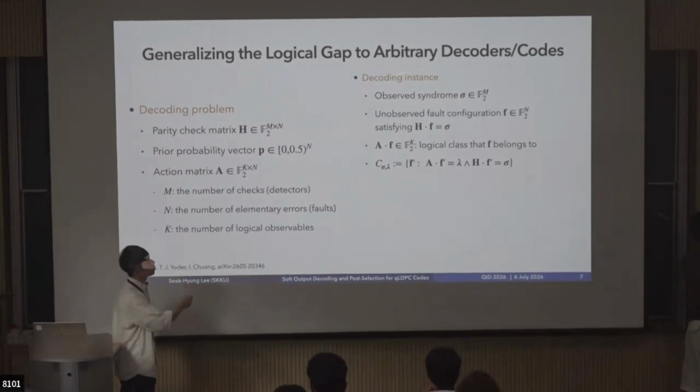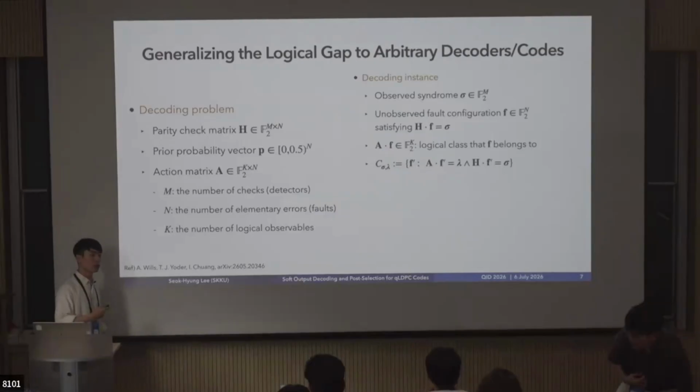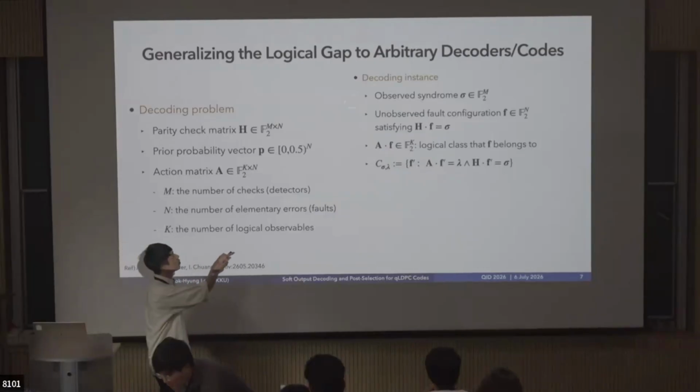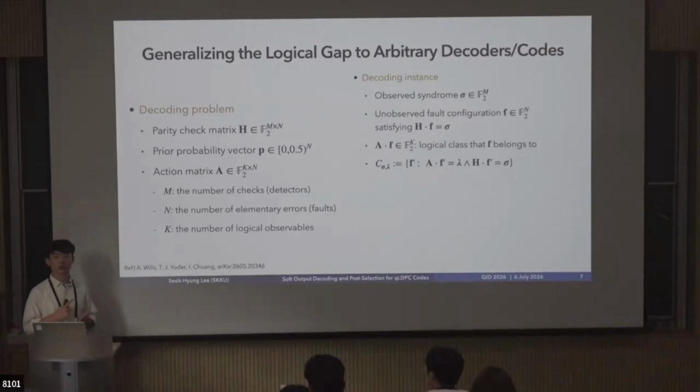And a decoding instance is different from the decoding problem. The decoding problem is identified by a certain circuit and noise model, and a decoding instance is a specific instance that we want to decode.